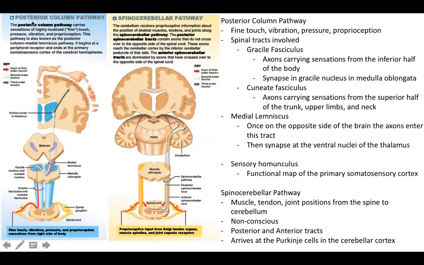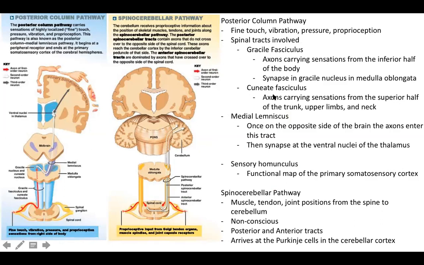First is the posterior column pathway, on the side. We have two parts of that. This pathway carries information for fine touch, vibration, pressure, and proprioception. We have two different tracks, the fasciculus gracilis and the fasciculus cuneatus, and these carry information from different parts of the body.